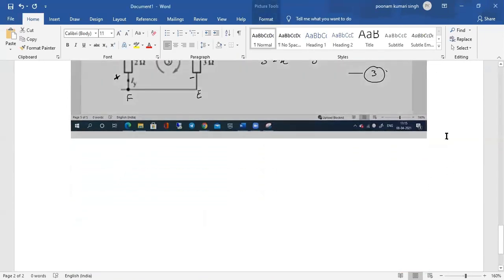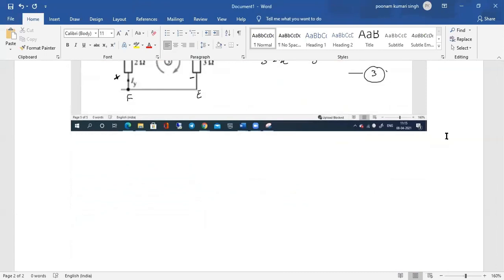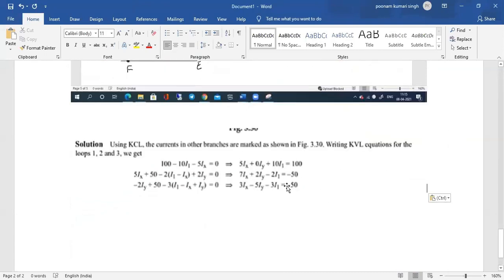Now you have three equations like this. Please note that in the first equation it is I1, Ix; here it is Ix, I1, Iy; here it is Iy, I1, Ix.